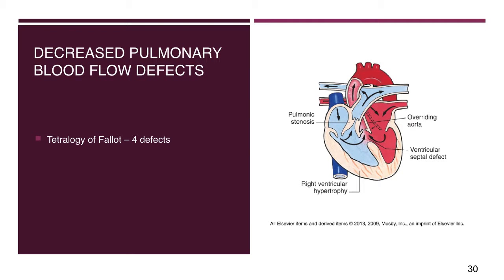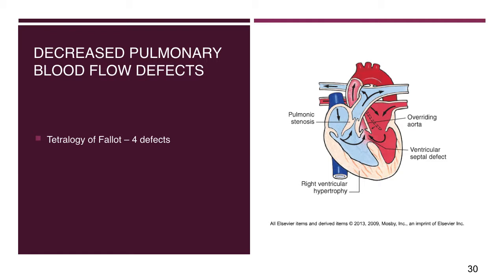So if you think about it, if you have a narrowing or a stenosis in the pulmonary valve and you're trying to push blood up into the pulmonary valve, eventually that muscle is going to build up in the same way that when we work out in the gym, our muscles build up.